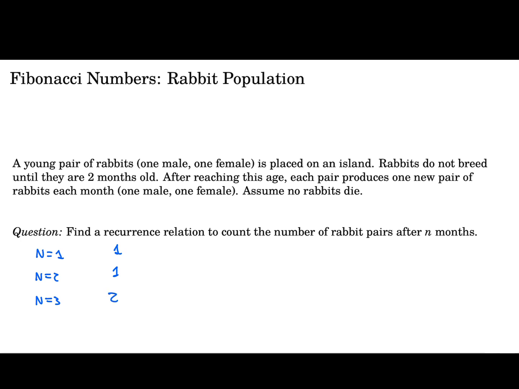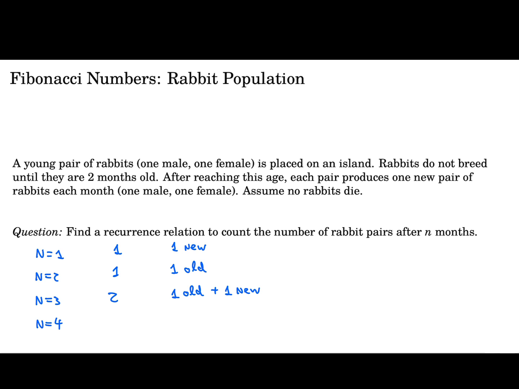In month 4, let's break it down like this. Here it's 1 new, here it's 1 old, here it's 1 old plus 1 new, and now the old one has a new pair.